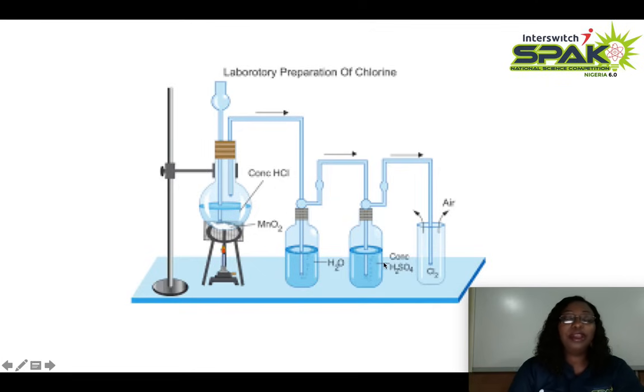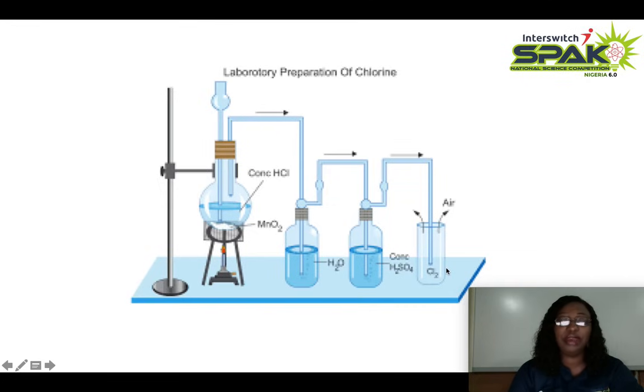Now, the function of concentrated tetraoxosulfate(VI) acid in this reaction is to act as a drying agent. You know, your chlorine has been moistened, it has gained water, so conc. H2SO4 will dry it, and your dry chlorine will now come out.